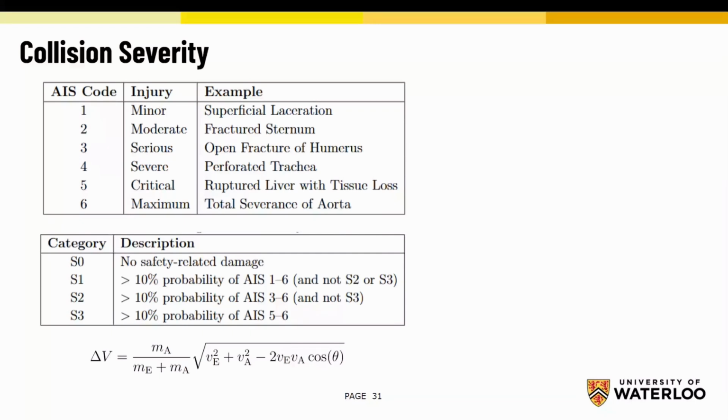Prior work assumed that the other vehicle, the non-ego vehicle, would be much, much heavier in order to be more conservative, to try and capture as many injuries as possible. But in this case, basically all our collisions happen between equally massed vehicles. And so keeping the masses equal gives us a more accurate representation of the kind of injuries we'll be causing.